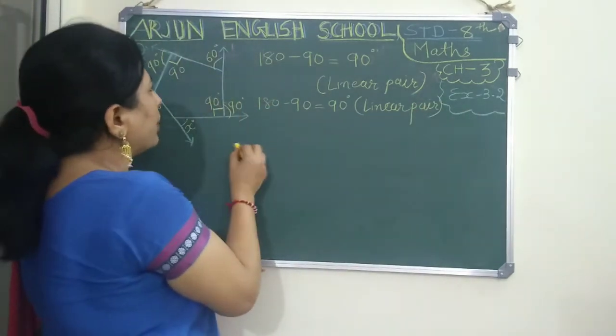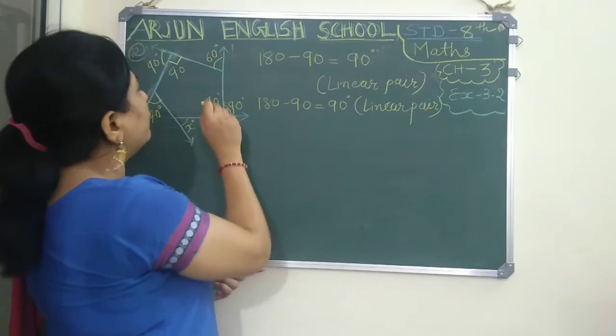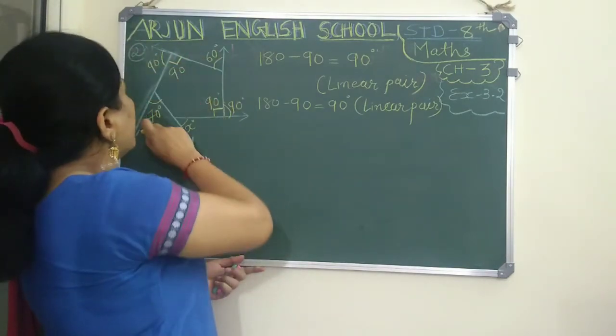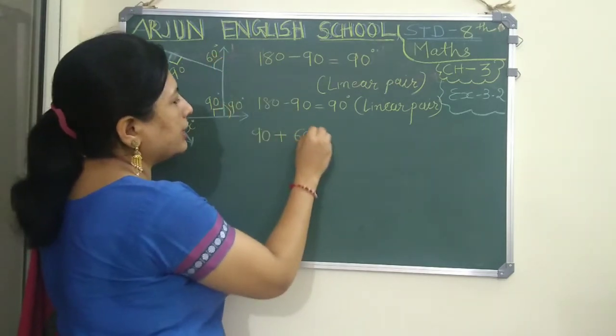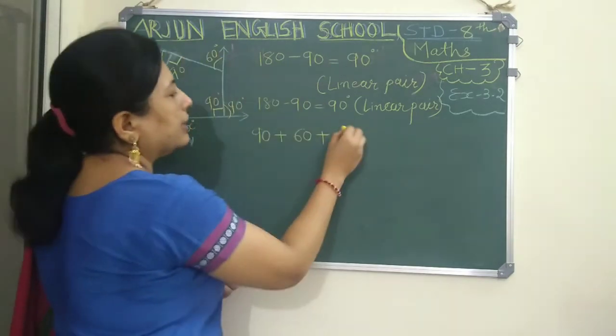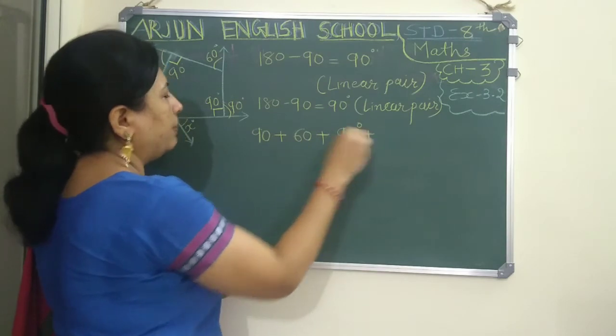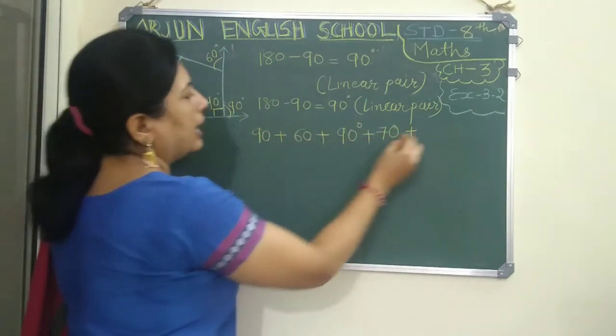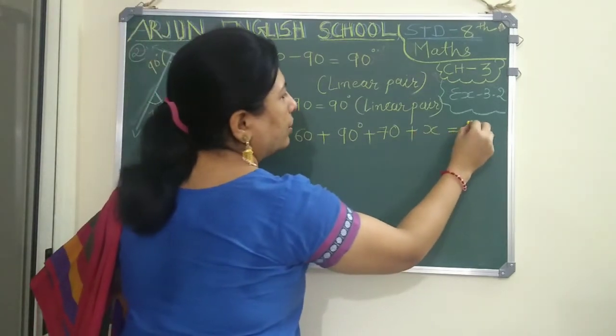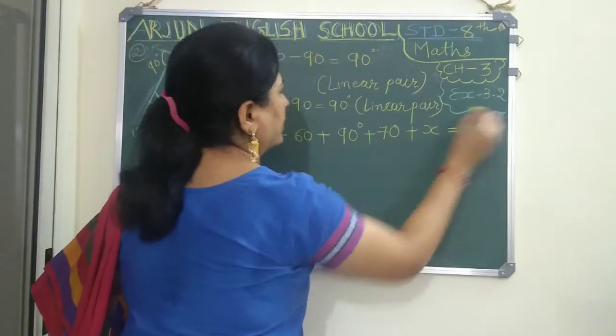Now let us use the property of exterior angles. For that let us take all measures: 90 plus 60 plus 90 plus 70 plus x is equal to 360.